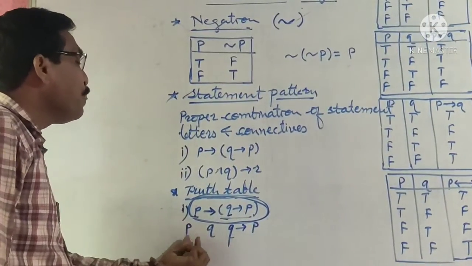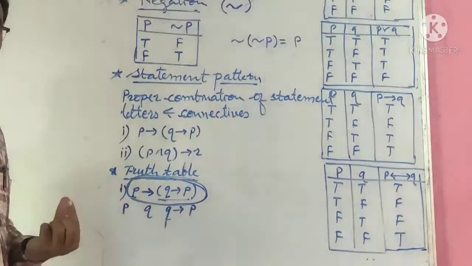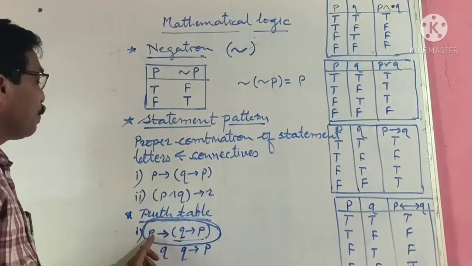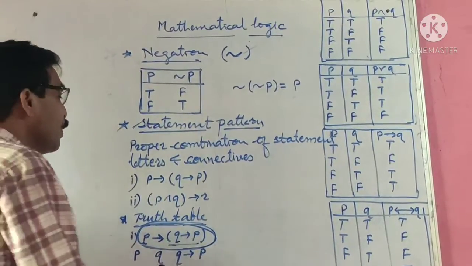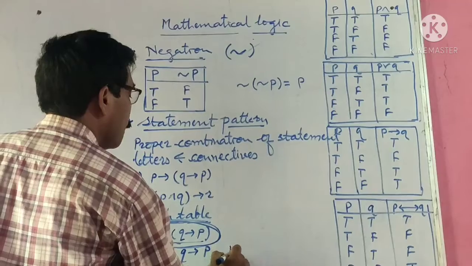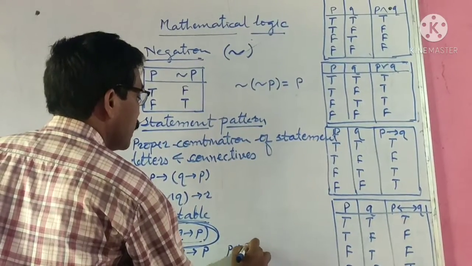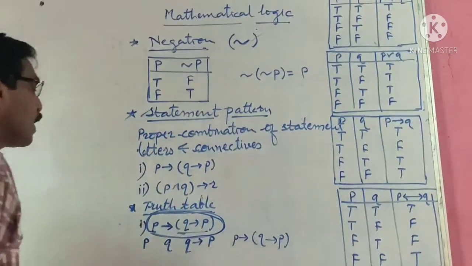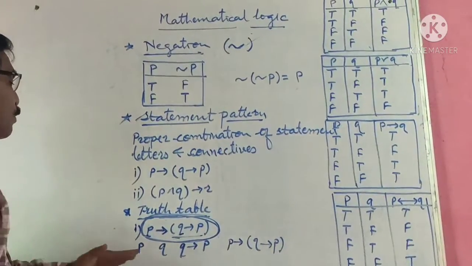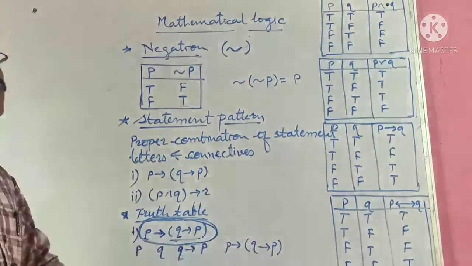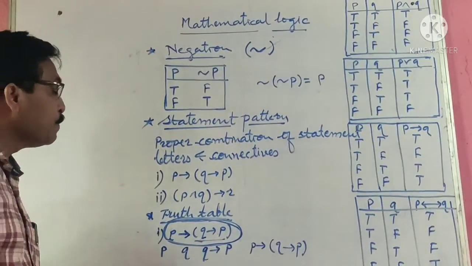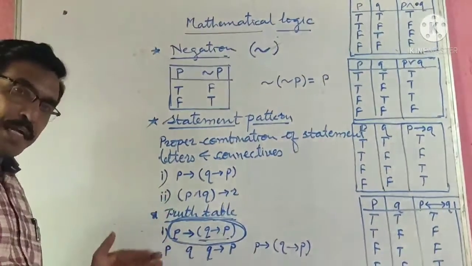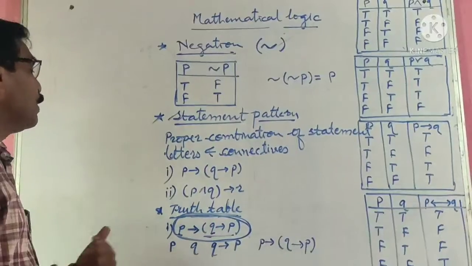So we have P and Q implies P also. Now I write here P implies (Q implies P). Now we have these four columns in its truth table. Now we write entries of each column.